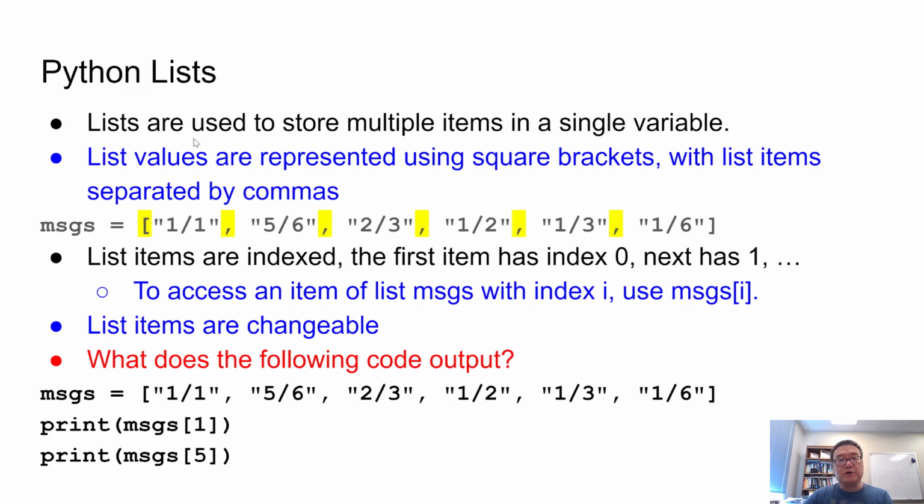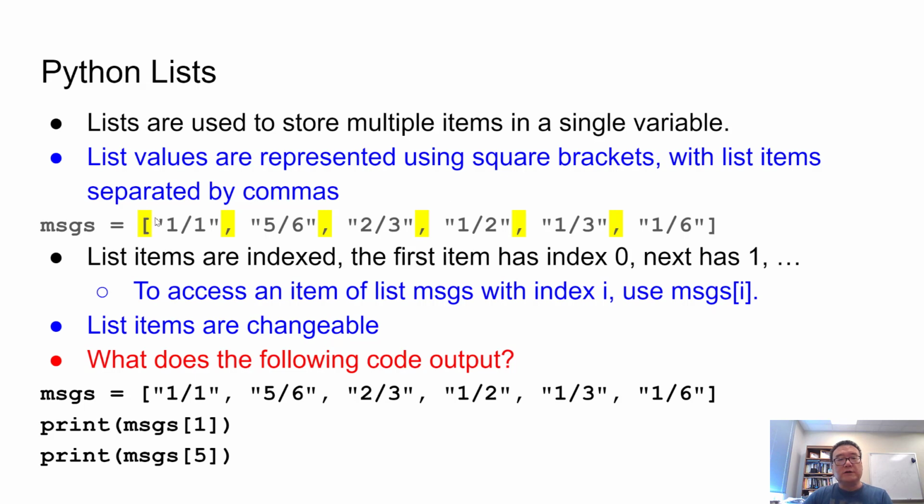Even if we are enumerating through all the answers, we can make the code a little bit more succinct by using lists. This is the first kind of data structure that we introduce, in the sense that it can store multiple values together and then you can use them.